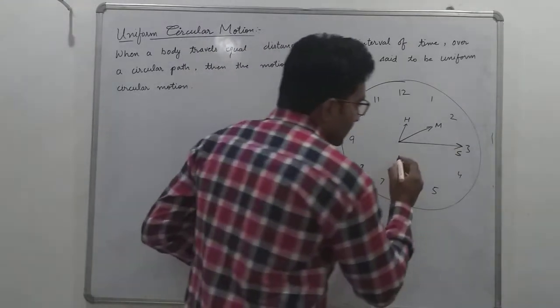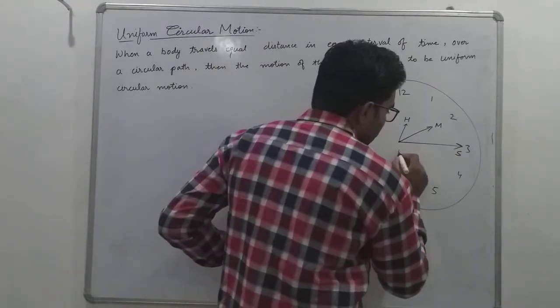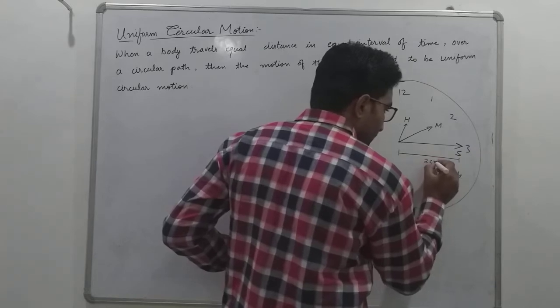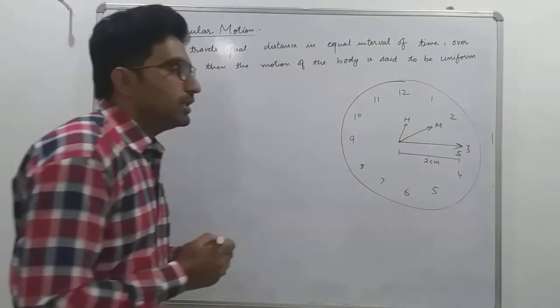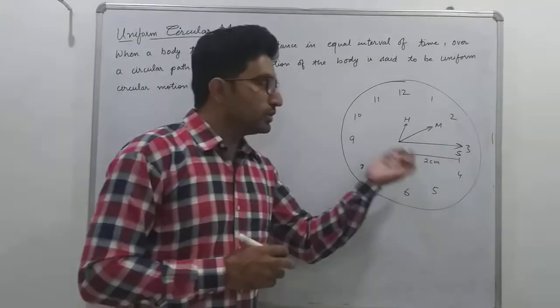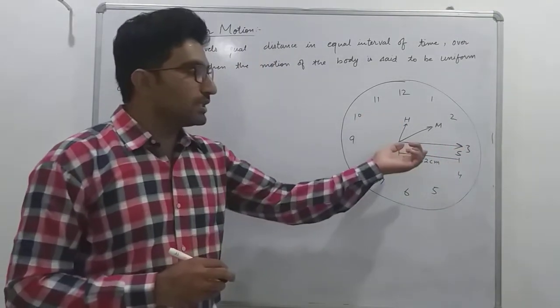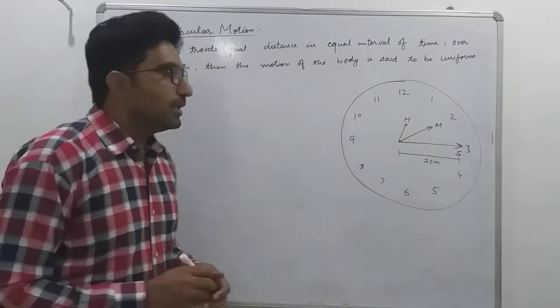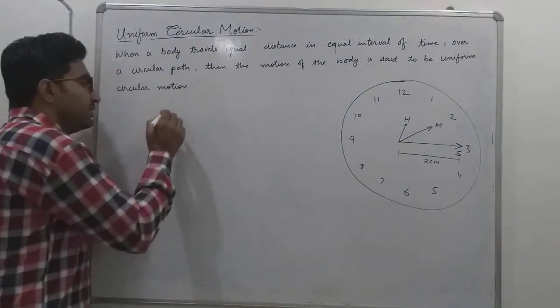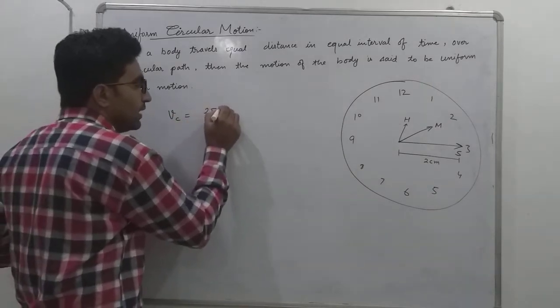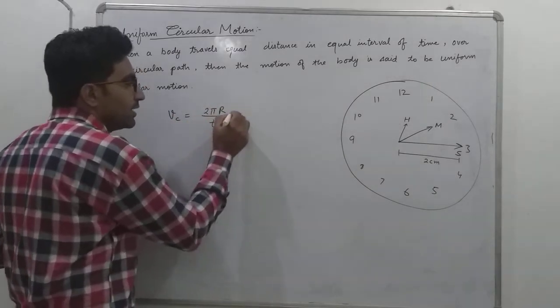Okay, and it is given that the length of the seconds hand is 2 centimeter. We have to find out the circular speed of the seconds hand. Okay, we know that the speed Vc will be equal to 2 pi r by time taken.